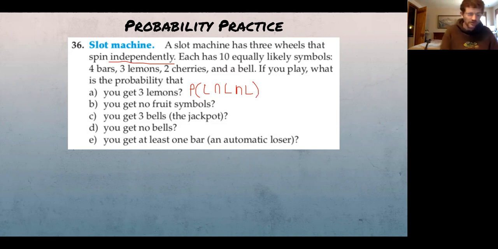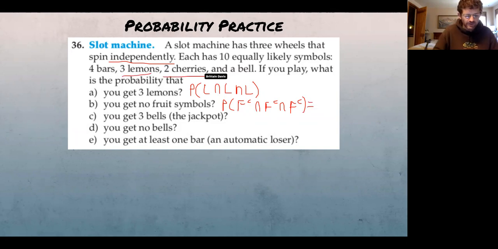No fruit means the probability of no fruit, so I'll just put fruit complement, which means no fruit, and complement of fruit, and complement of fruit. So maybe if we look at that one a little bit more in depth, lemons and cherries are our fruits.